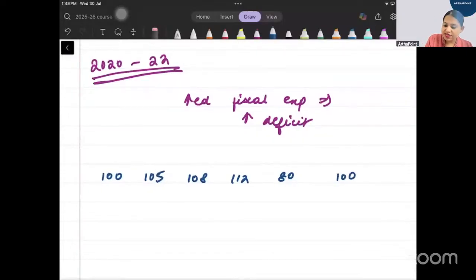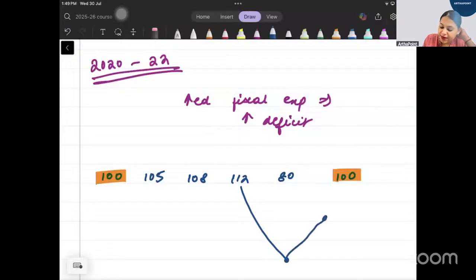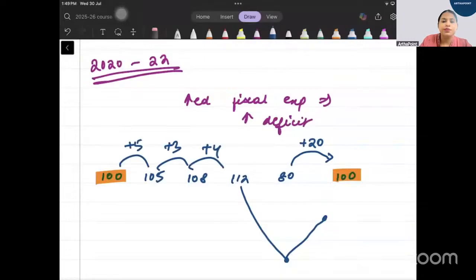So you need to understand that actually I have not shown a very high growth. 100 is something which I achieved long back. But because I took a dip from 112 all the way to 80, when I increase back even to 100, the increase is by 20, whereas I have been increasing only by 5 or 3 or 4.